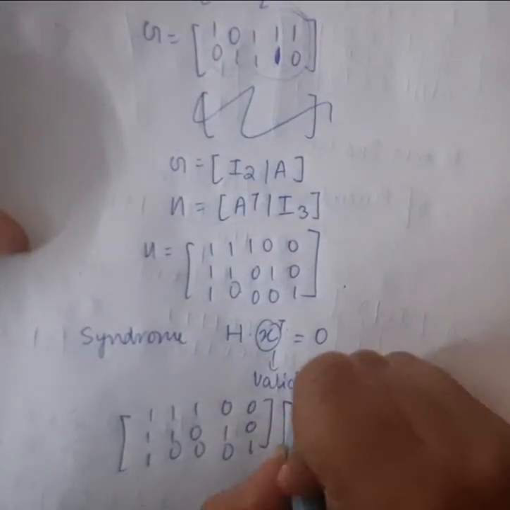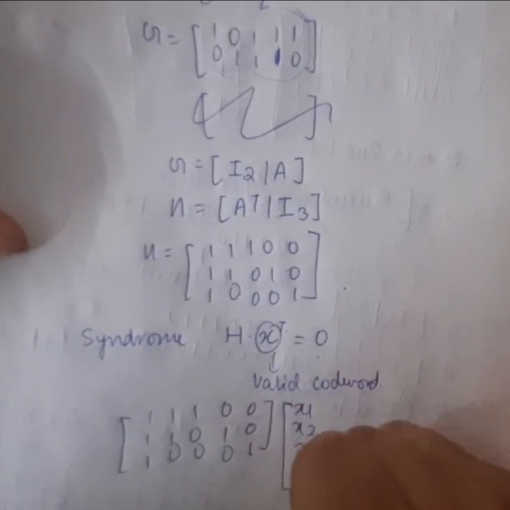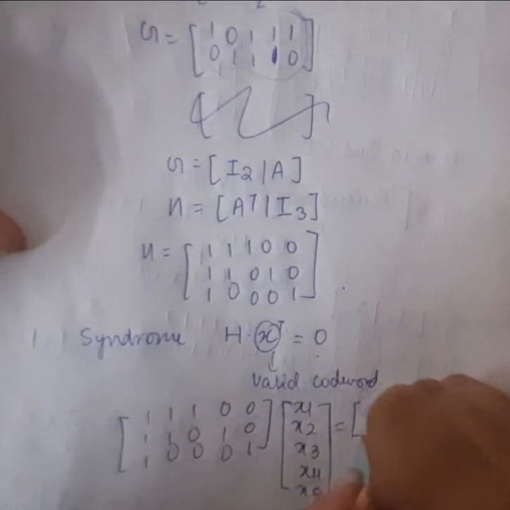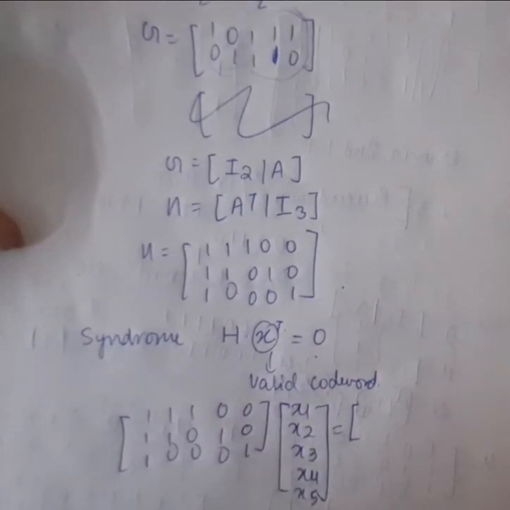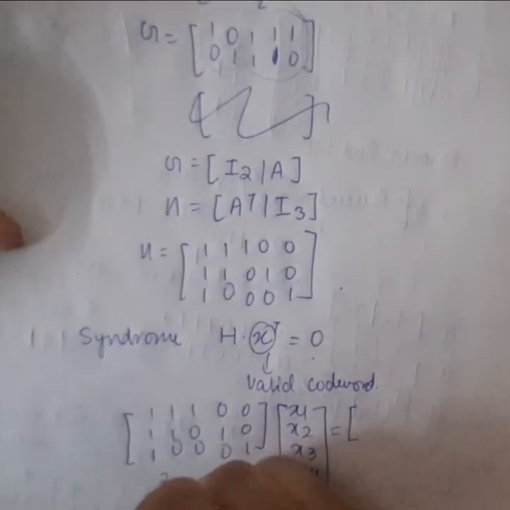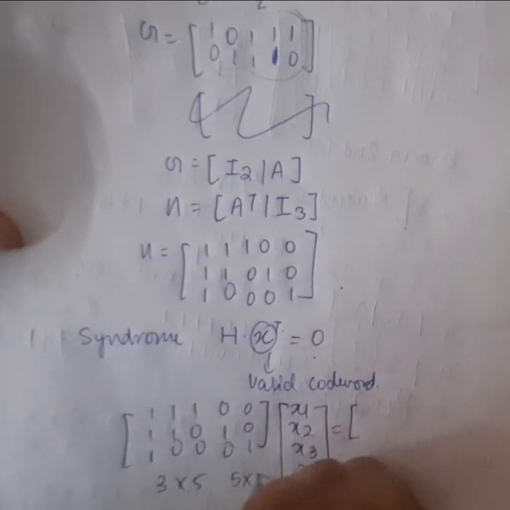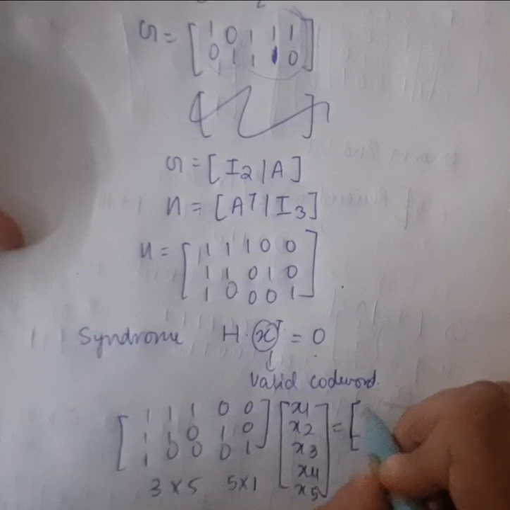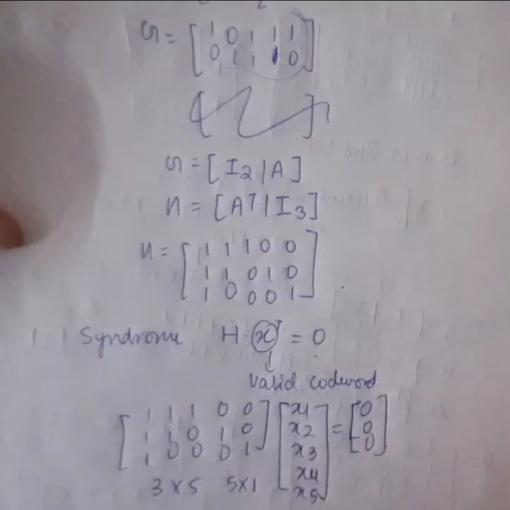So that will be x1, x2, x3, x4, x5. This is a 3 cross 5 matrix times a 5 cross 1, so this will be a 3 cross 1, which is 0 0 0.